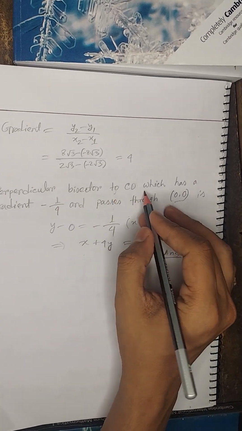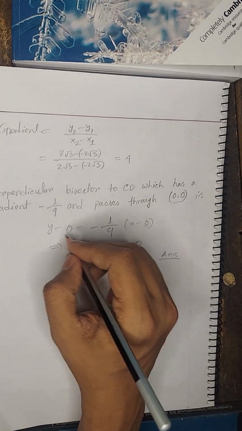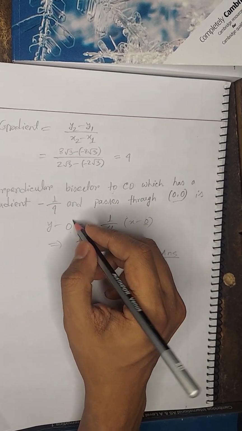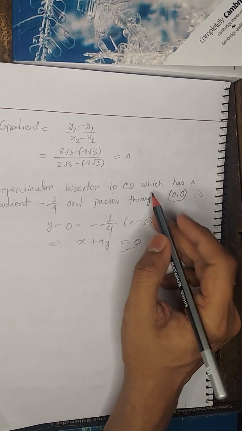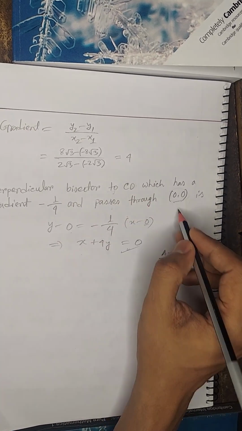But the perpendicular bisector of CD has a gradient of minus 1/4 and passes through this point, so we use the formula y minus y1, where the point is (0, 0).